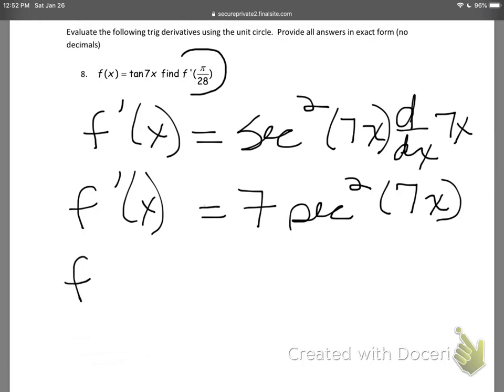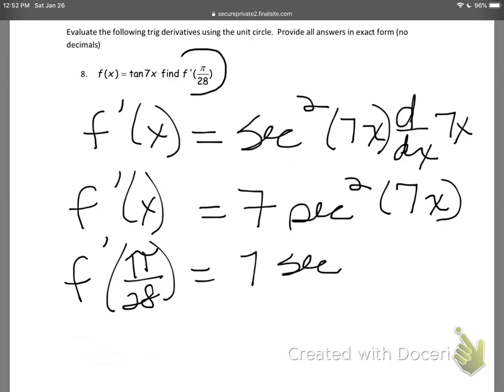Okay, so if they would like the first derivative evaluated at pi over 28, this is how I set that up. I have 7 secant squared, and then I'm going to say 7 times pi over 28. Okay, so pi over 28 is going to reduce to pi over 4.